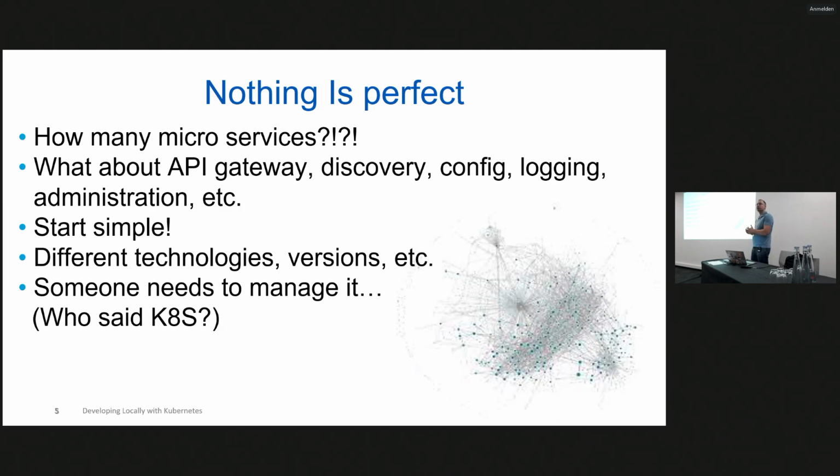Logging can be an issue when a request is bouncing through many services, so you have to have a central elastic stack or another framework to support that. You have to administer all that, alerts, monitoring. It becomes complicated. So my advice is always to start simple.